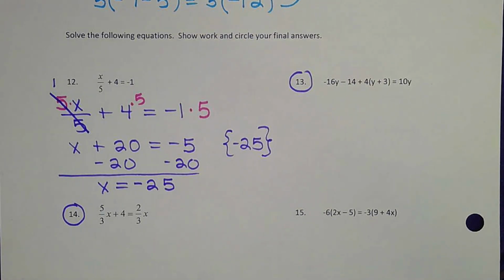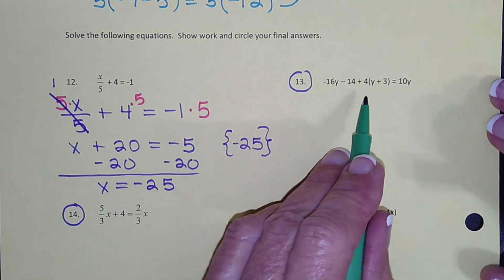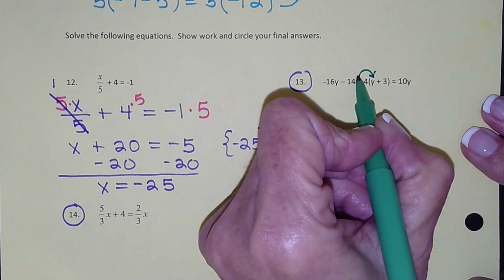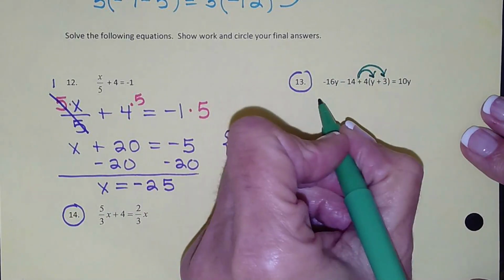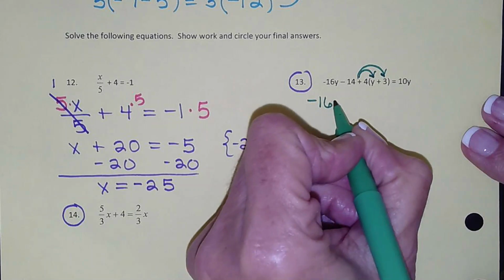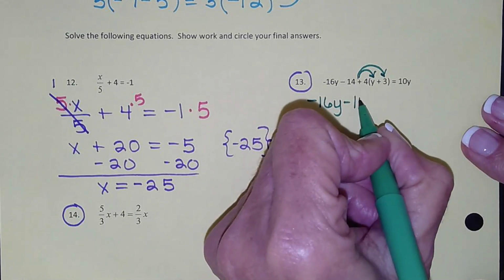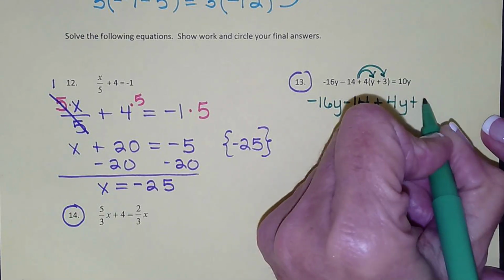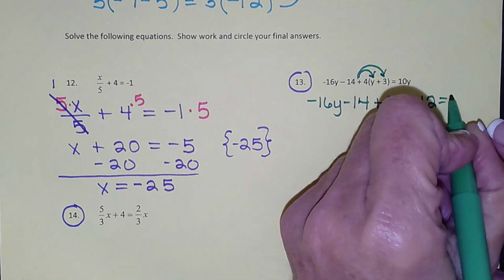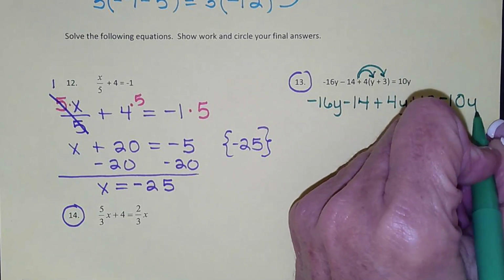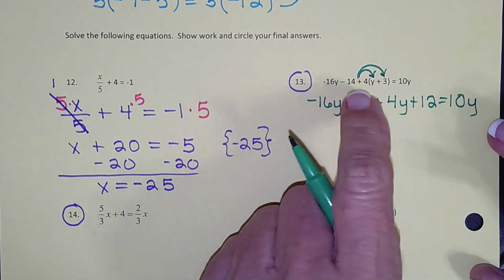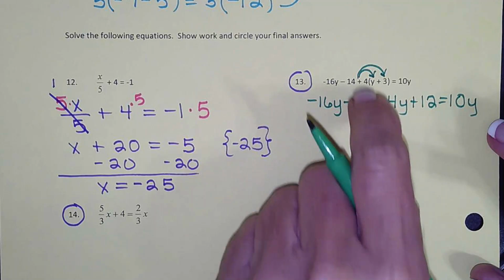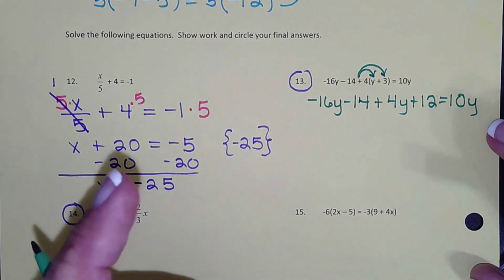Okay, let's look at this next one. I see we have parentheses. Parentheses are always first, according to Please Excuse My Dear Aunt Sally. So we have negative 16y minus 14 plus 4y plus 12 equals 10y.